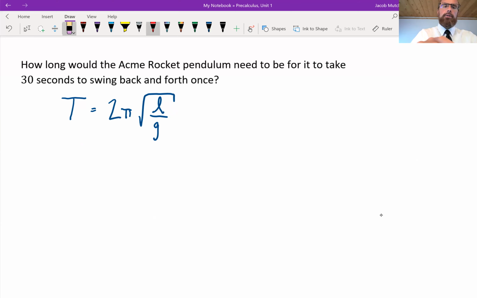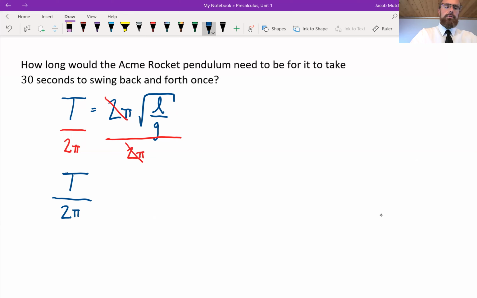So I'm going to start by getting rid of this 2 pi, and what we'll do is we'll divide that right side by 2 pi. Now on this right side, that's going to cancel, and it's going to show up there on the left. So then our next step will be t over 2 pi equals the square root of length over g.